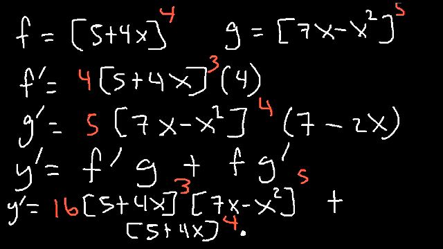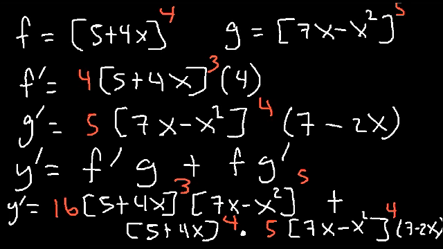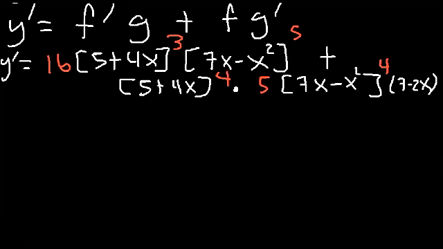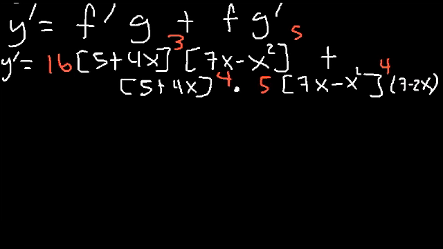And then multiplied by g prime, which is this entire expression. So that's times 5 multiplied by 7x minus x squared raised to the 4th power times 7 minus 2x. So that is the answer.